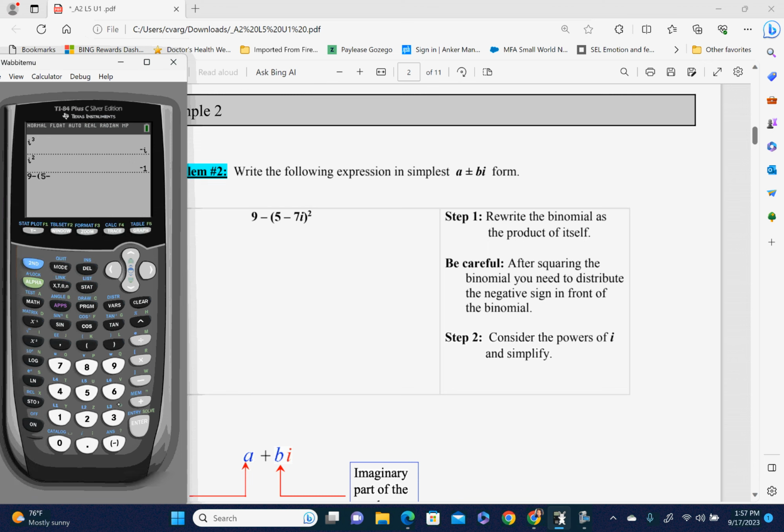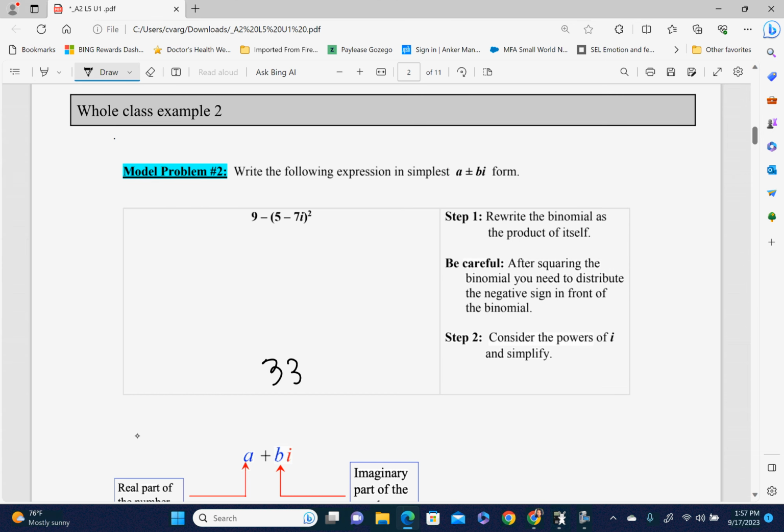Just typing it in. 5 minus 7i squared. Close parentheses. Nope, the square is on the outside. See? I just caught myself. Right over here, and this is where you put the square. See that? It has to match exactly. And then I hit enter, and I'm going to get 33 plus 70i. So my final answer here is going to be 33 plus 70i.